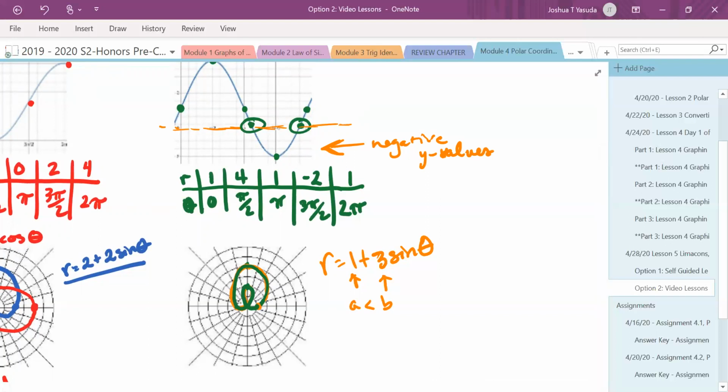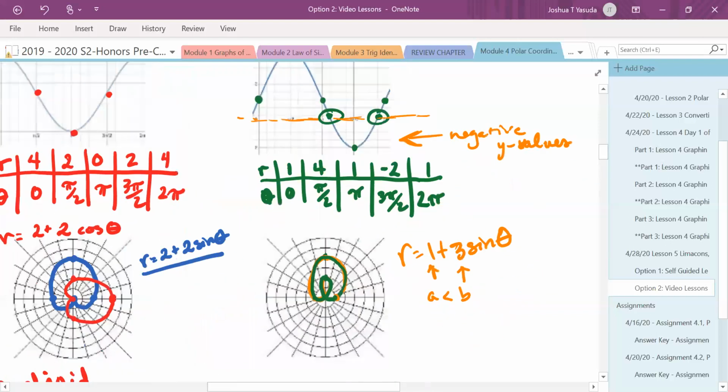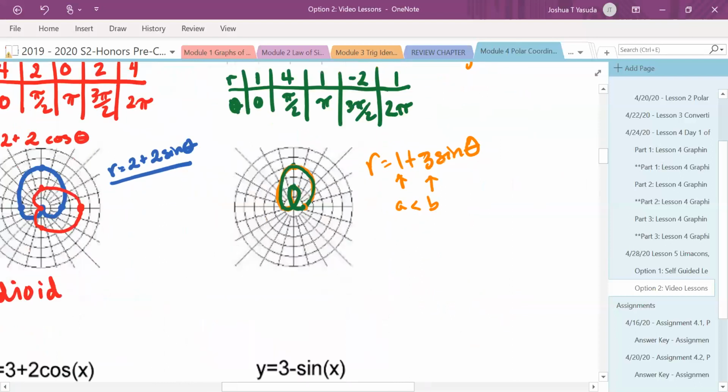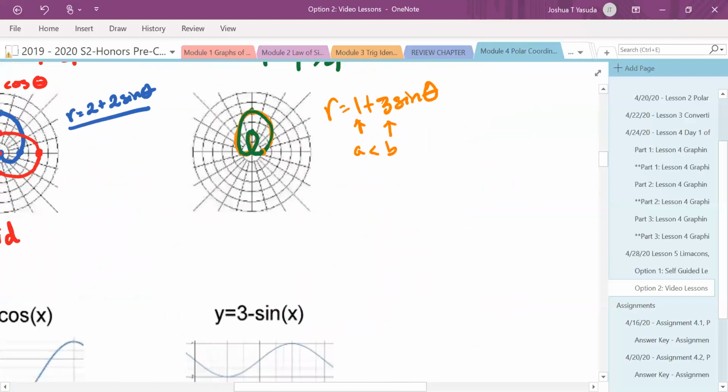And since it's reflecting over the pole, it's not going to create a circular shape that goes down, but it's going to create this little inside loop, which is kind of cool. So we have an inner loop. This is an example of an inner loop or inner looped limacon.